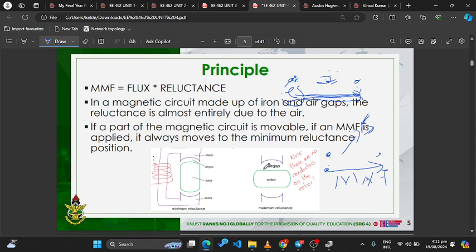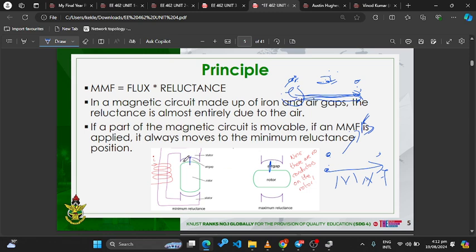So look at the two positions over here. Look at the distance from this stator to the rotor surface here. Look at the length of the air gap and look at the length of the air gap. It's very obvious that the length here is bigger than the length here.